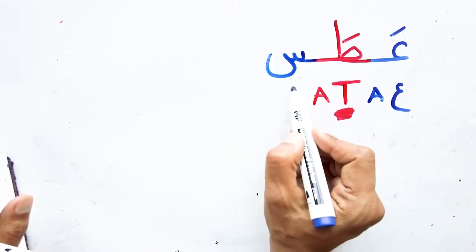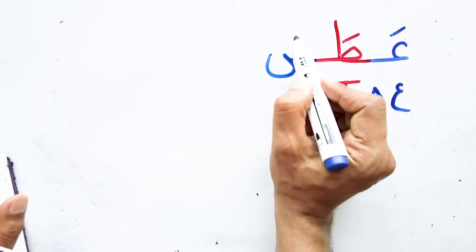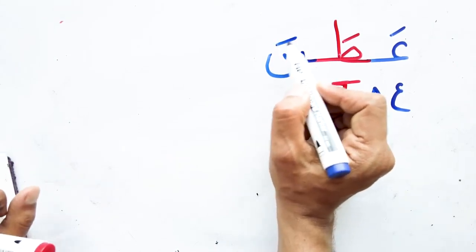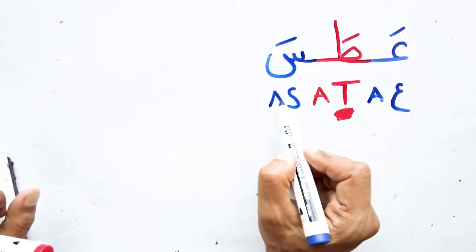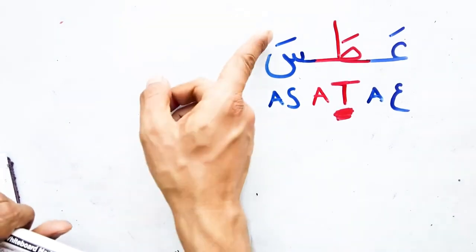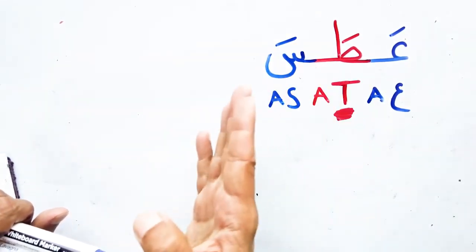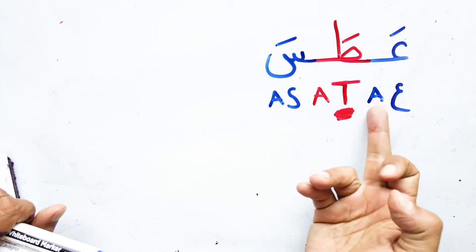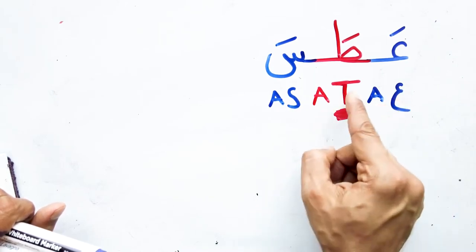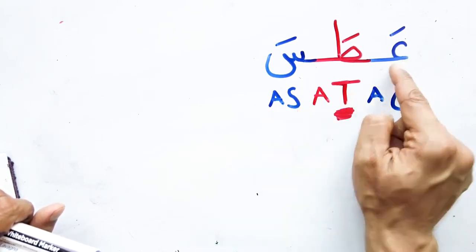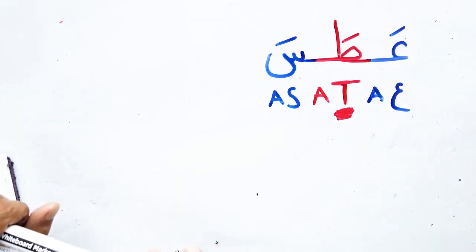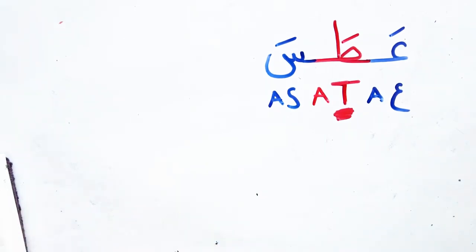The sound of this letter sounds like S, and it has another mark on the top, so this one sounds like A as well. Don't forget that this mark on the top, its name is Fatha, and it sounds like A. So we have A, ta, sa, عطس.